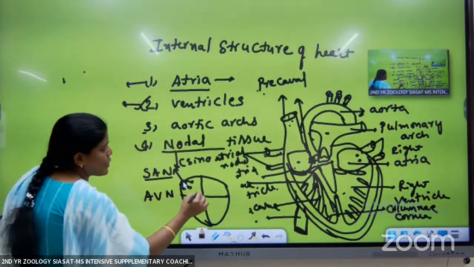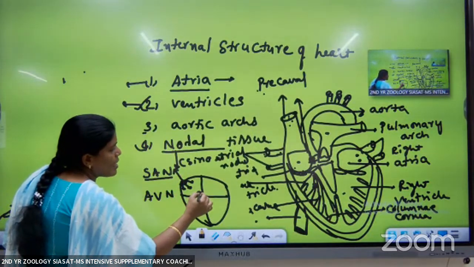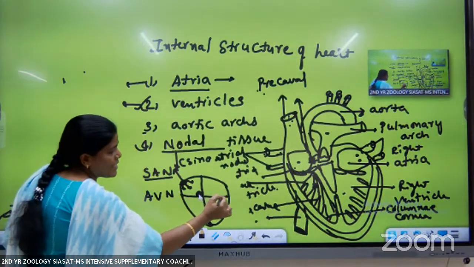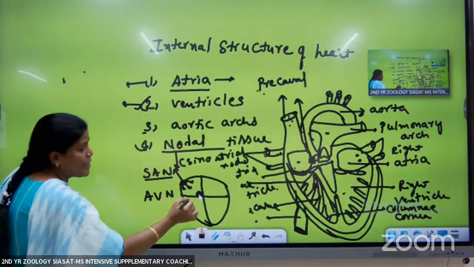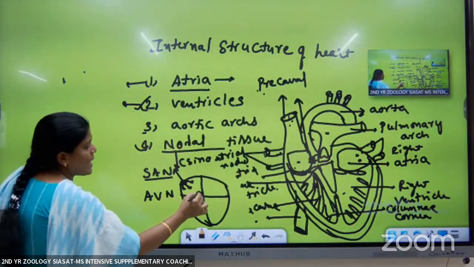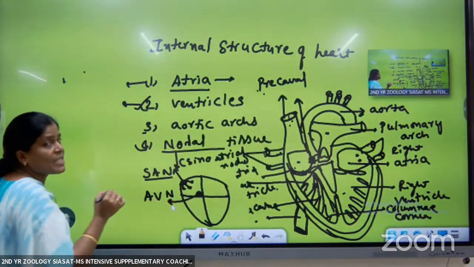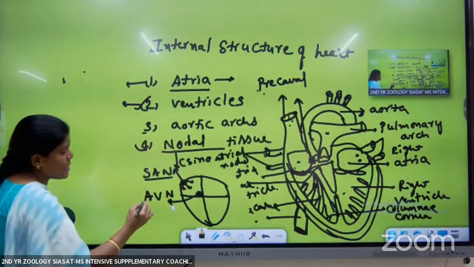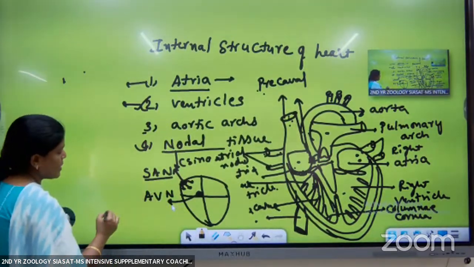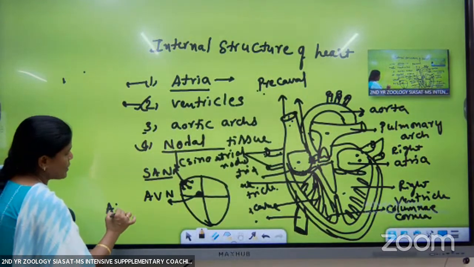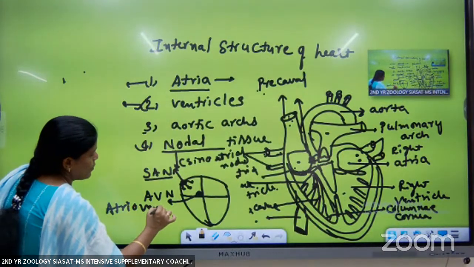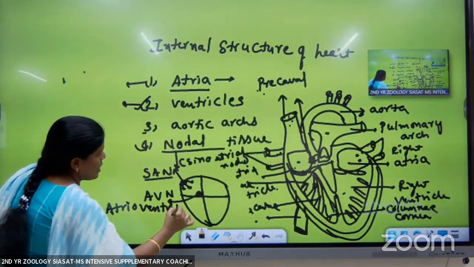One more nodal tissue is present. That is the AVN. It is present in the atrioventricular septum, which is between the atria and the ventricles. At that place, one more node is present. A specialized muscle is present, and we call it the AVN, the atrioventricular node.